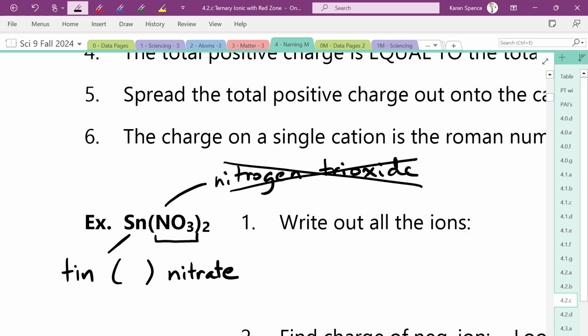So we are going to write out all our ions. So I have one Sn, because there's no number beside the Sn. How many NO3s do I have? I have 2. I have an NO3 and I have a second NO3. So write them all out.